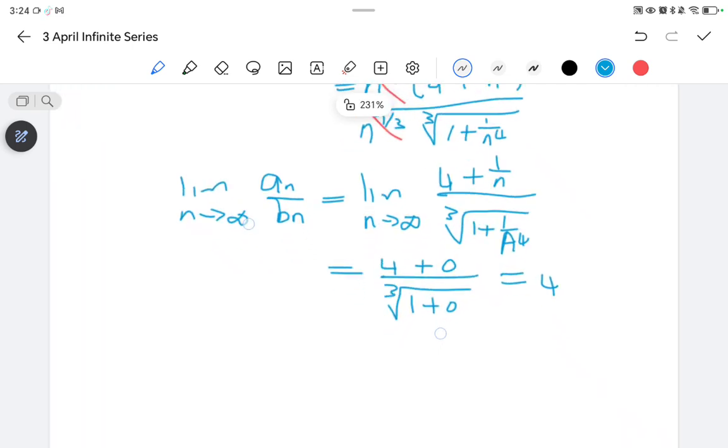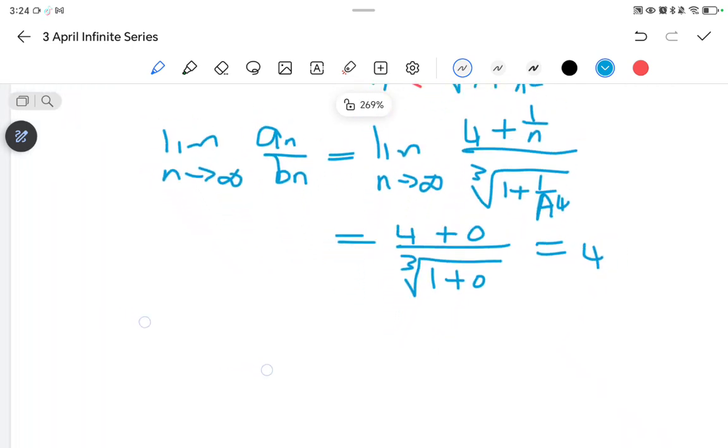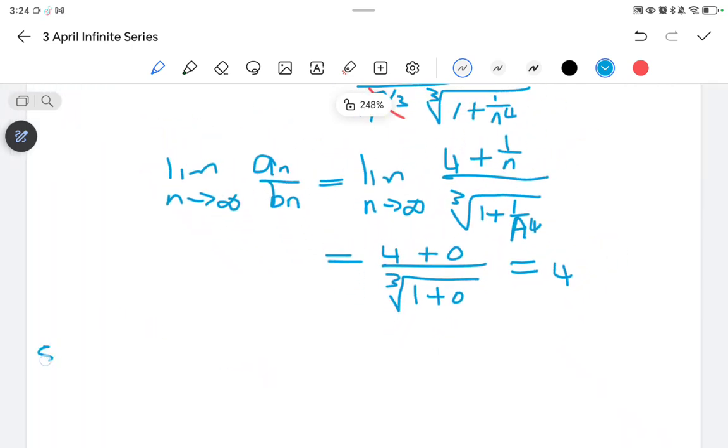So I say now, since 4 is in between 0 and infinity, we can say, so we check what? First before we check the summation, let's deduce here.